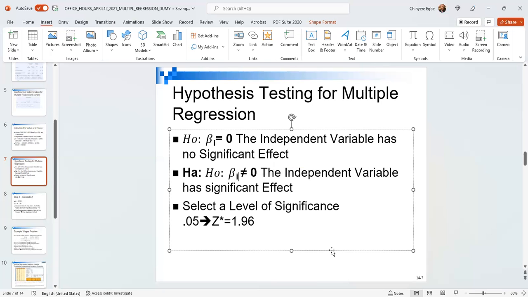All right. So we select the significance level. 0.05 could be different, could be 0.025. Well, this is for 0.025, and Z star is 1.96. The Z star for 0.025 is 1.96.